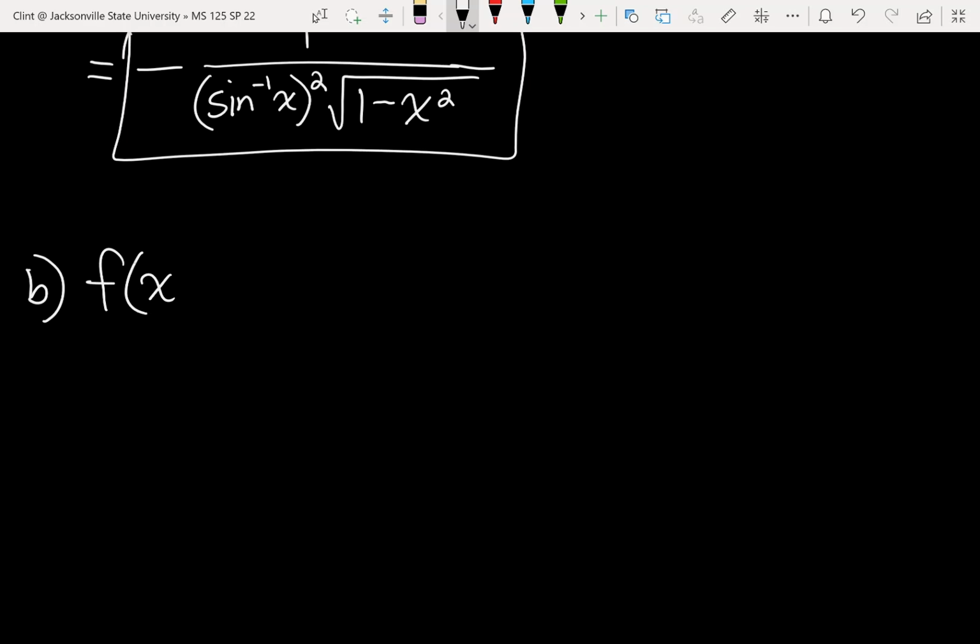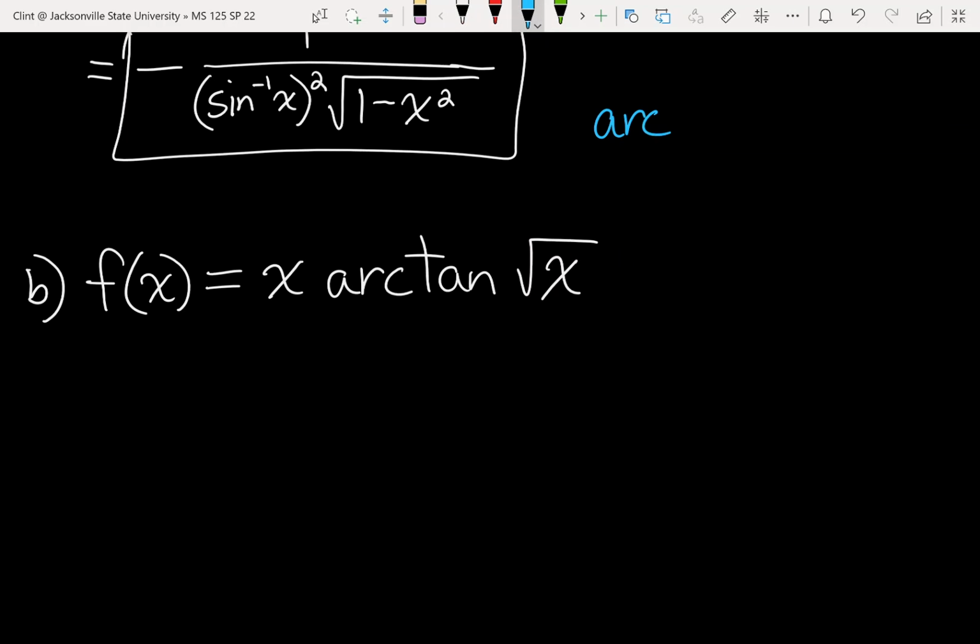Part B wants us to find the derivative of f of x, where f of x is x times arctangent of square root of x. Arctangent is just an alternative notation, same thing. So really here we have two terms.